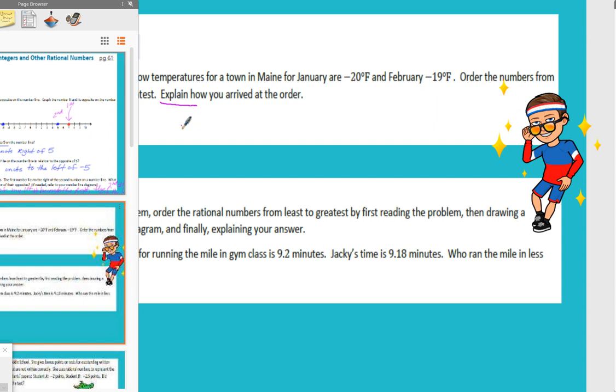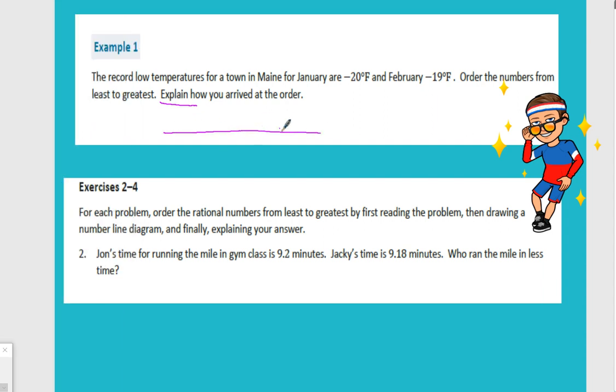So if we look at this on a number line, here would be our 0. Here would be negative 20. Where is negative 19? Well, negative 19 is to the right of negative 20. So which one is larger? We need it from the least to the greatest.